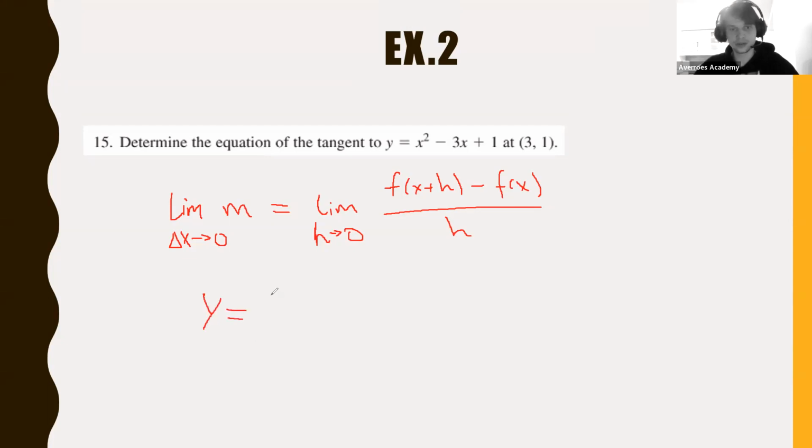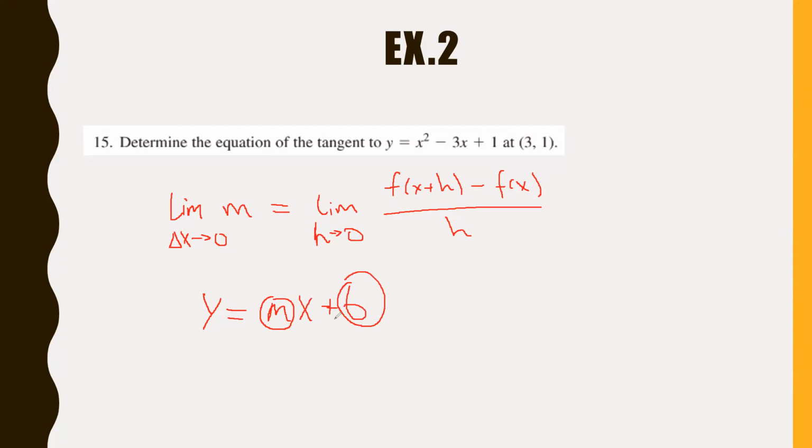It would be m times x plus b, right? So if you were asked to determine the equation of a line, you would need to find m and b, right? Make sense?